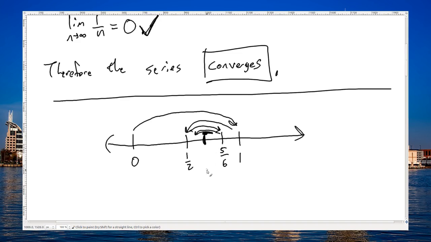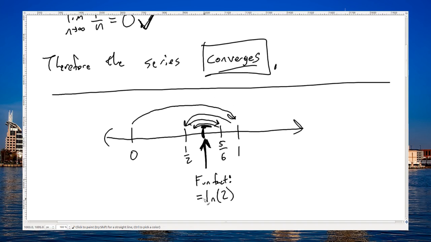Eventually, it's going to converge right here. Now, what's important to note is that we don't know what it converges to. All we know is that it does converge, and often that's all we really care about. But fun fact, this number is the natural log of 2. All right, and we can't use the alternating series test to prove this. We would have to use more advanced techniques to prove that. That's not a homework problem though, so don't worry about that.